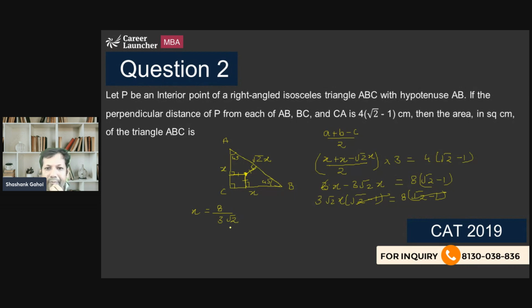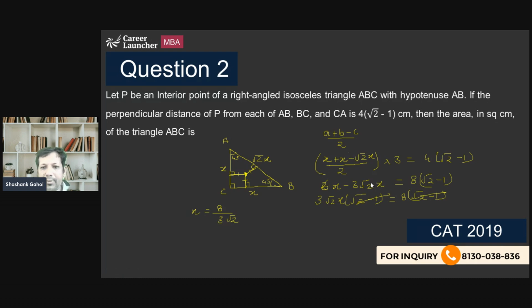Now what the question is saying, perpendicular distance from P to each side is this. Okay, so basically what we are doing over here, let me reread the question.